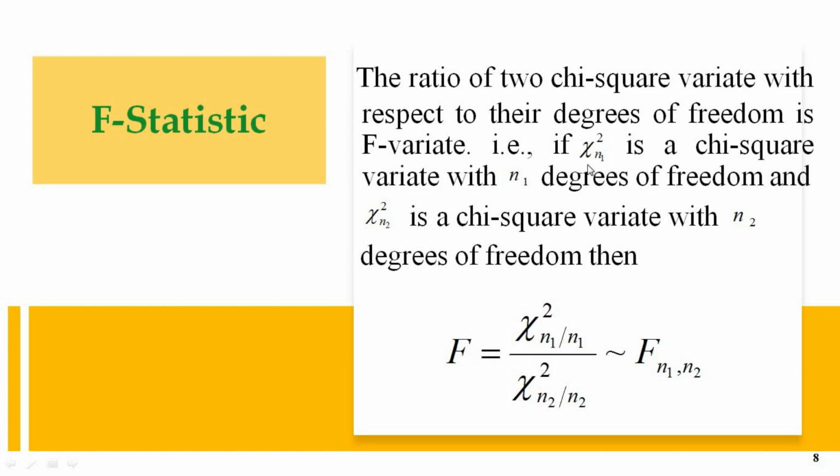That is, if chi n1 square is a chi-square variate with n1 degrees of freedom and chi n2 square is a chi-square variate with n2 degrees of freedom, then we can define the F variate as F equal to chi-square n1 divided by n1, then the whole thing divided by chi-square n2 divided by n2, which follows F distribution with n1 and n2 degrees of freedom. So this is the F statistic.